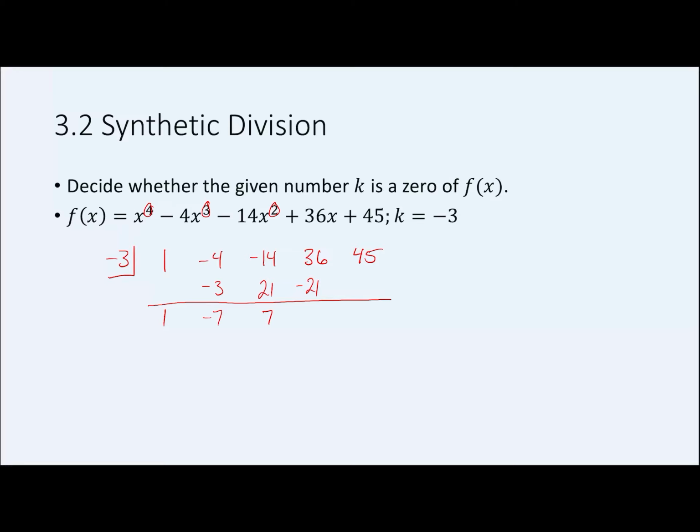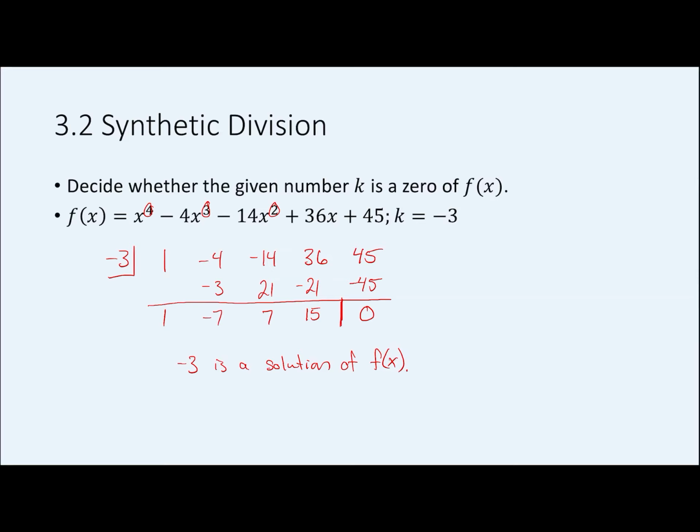And so again, we want to just do our synthetic division quickly. So bring down the 1. 1 times -3 is -3. -4 minus 3 is -7. -7 times -3 is +21. -14 plus 21 is 7. 7 times -3 is -21. 36 minus 21 is going to be 15. 15 times -3 is -45. 45 minus 45 is 0.